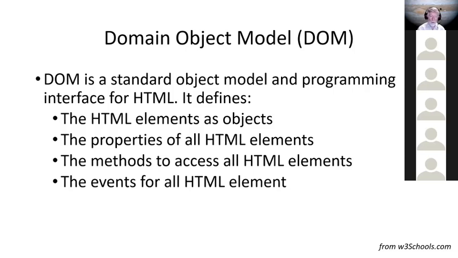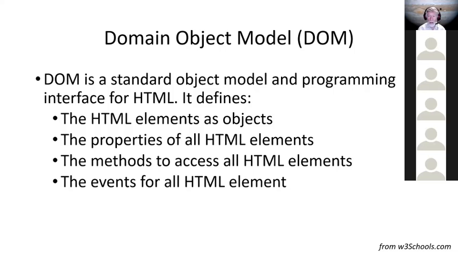You have the whole HTML. It breaks down to divisions and paragraphs and other pieces, each one of which are objects. You have all these objects, and they're all part of the domain object model. And so all the pieces of your web page can be described in the domain object model, and therefore you can access it very nicely from JavaScript.